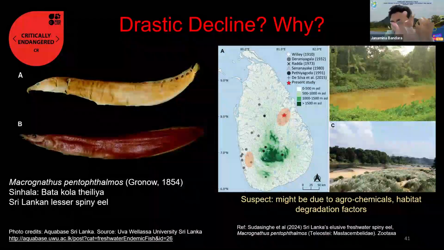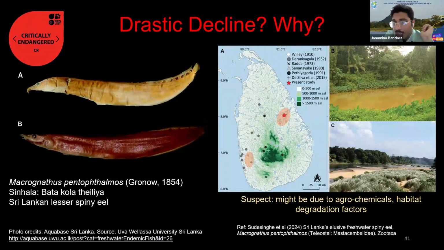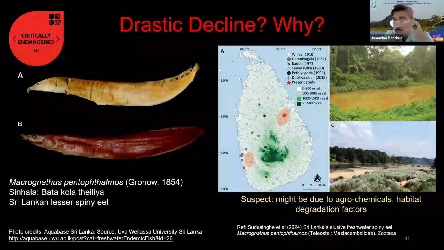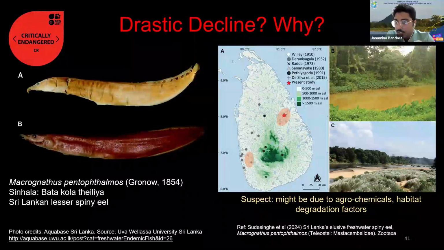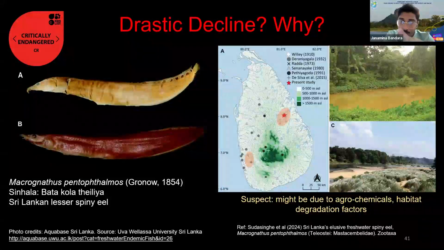This was a really common species back in the 1980s, but after 40 years, 4 decades, there were no records except one or two. Recently in 2015, our society survey caught one specimen from the Hangmal area, and recently my senior colleague Hiran Hathurusinghe's work showed another two specimens from the Polonnaruwa region.